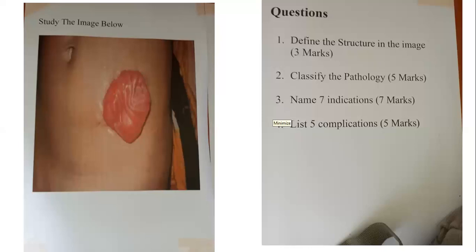Now, some of the complications of colostomy could include, one, the colostomy could start protruding out. That's called protrusion. That means the bowel could be coming out from the patient's abdomen. So one of the complications could be protrusion.